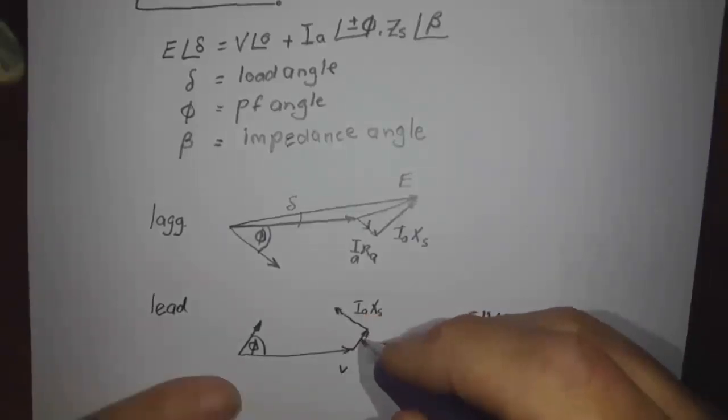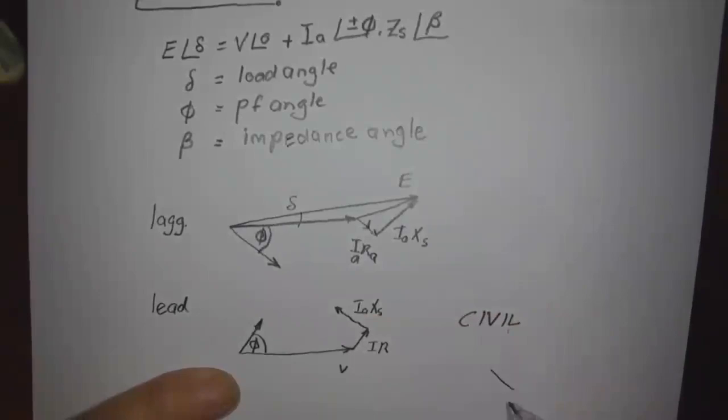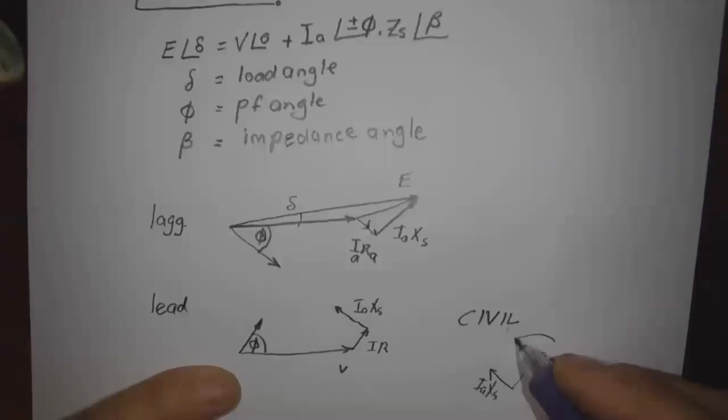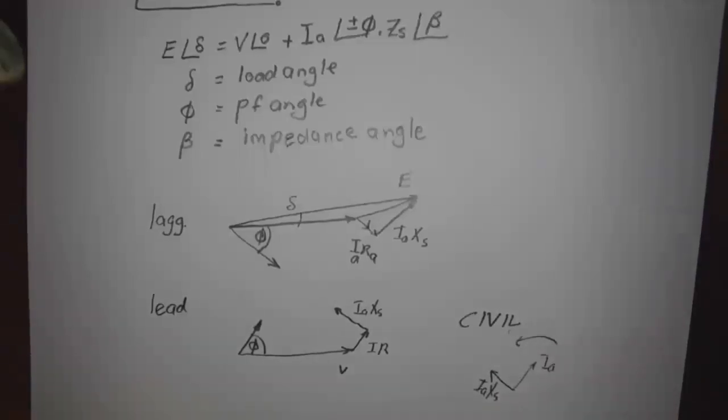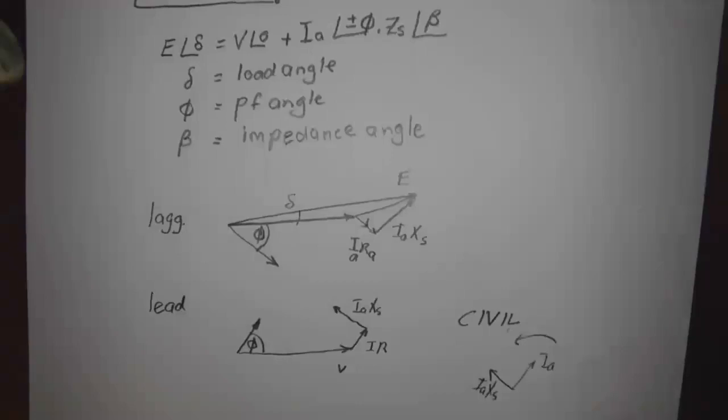So that's the voltage. If you do it like that, there's IA and IAXS. And remember, it always rotates anti-clockwise, so therefore the voltage leads the current.